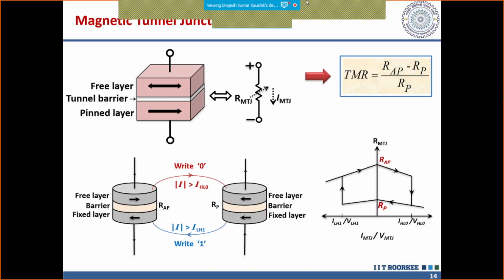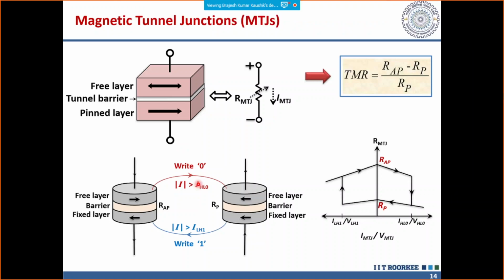So this is how you'll be able to change the direction of this current, and also the states of these MTJs quite comprehensively in this fashion. So this is what the state has been shown here. If the current is I_HL0, greater than this, you'll be able to change the state from RAP to RP.